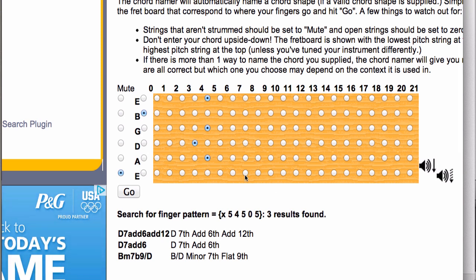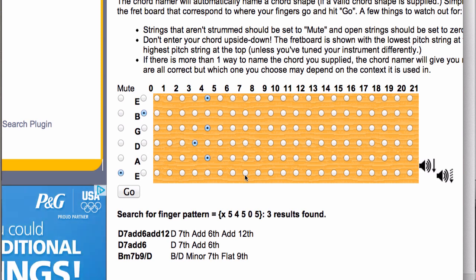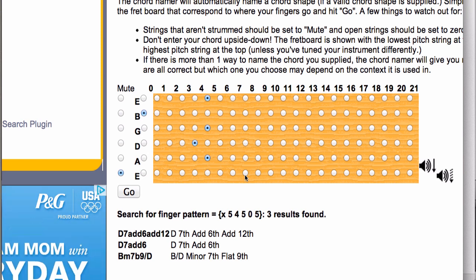So I don't know. Maybe sometimes this program isn't right. Let me make sure I did that right. So here's D. Let me get rid of this. Sometimes it's good to mute it out. So here's the 1, 3, flat 7.